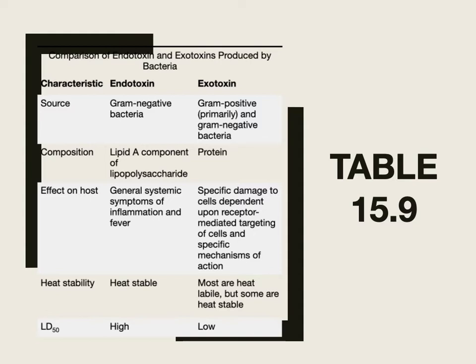This leads to inflammation. A sign would be the individual having a fever. And lipids tend to be heat stable, so even with the fever, they can still be stable. Now, the lethal dose for exposure to endotoxins is relatively high, so you need a high concentration to have an effect.